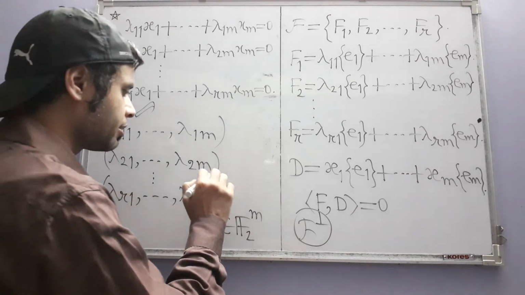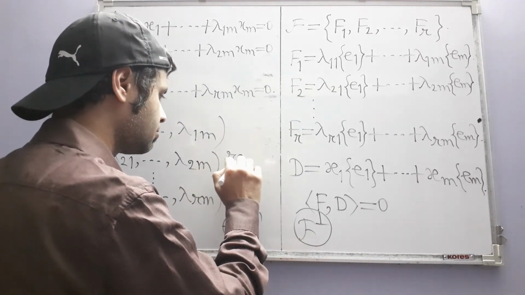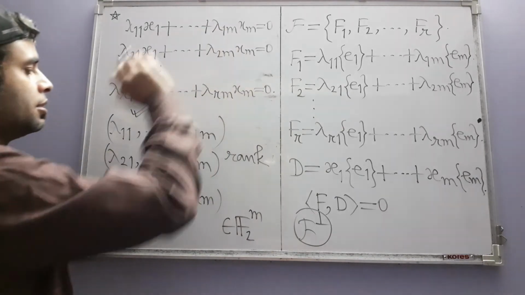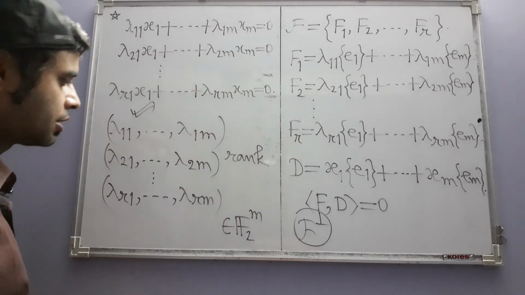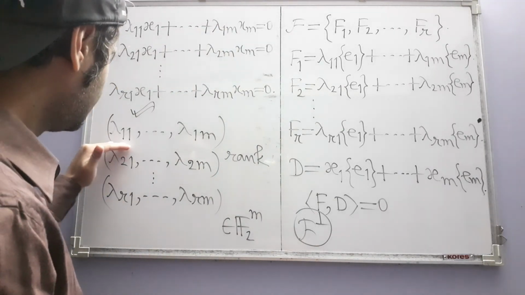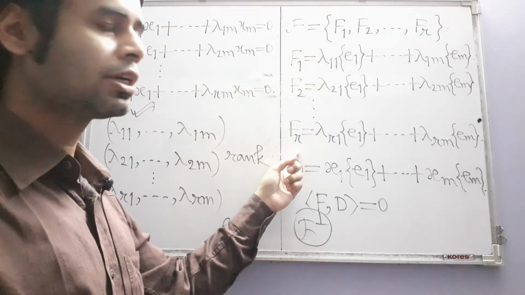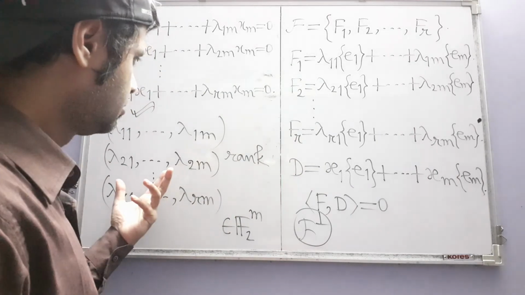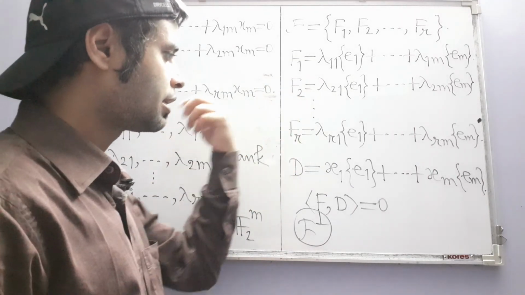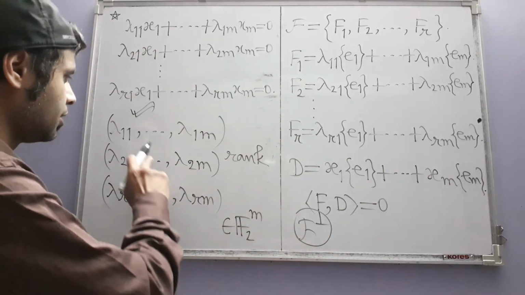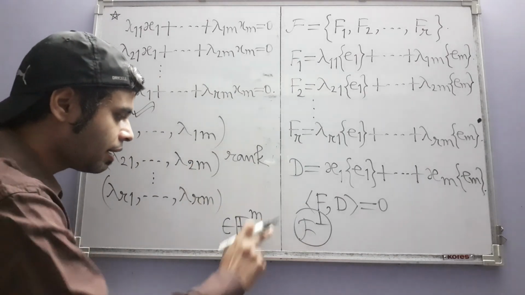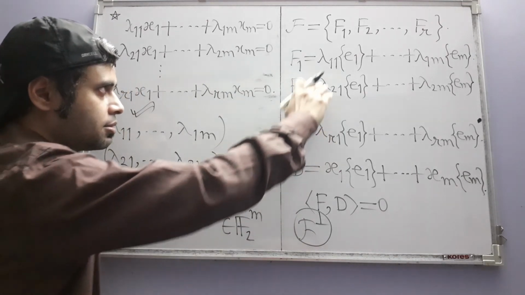And this dimension has a name. It's called the rank of this system. Now keep in mind that after all, these vectors are representing these vectors only. These vectors are in our H space, whereas they are being represented in F2M using this basis.